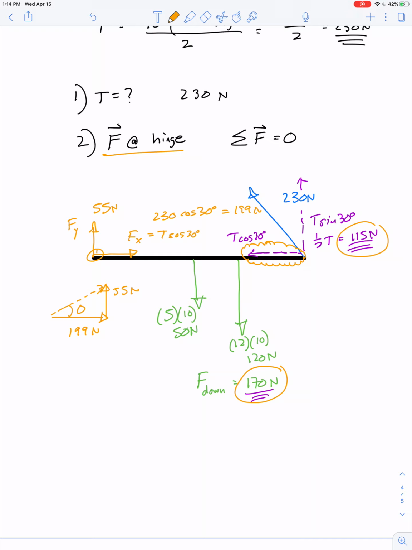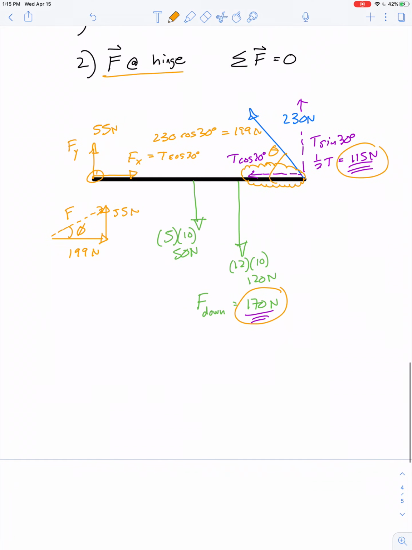Well, we already labeled this angle as theta, so let's pick a different Greek letter. We'll call it phi. And so let's figure out both F and phi so we can get the overall force from the Pythagorean theorem. So 55 squared plus 199 squared. And what do we get as the final answer? We get about 206 newtons.